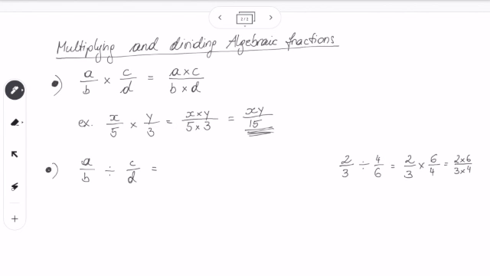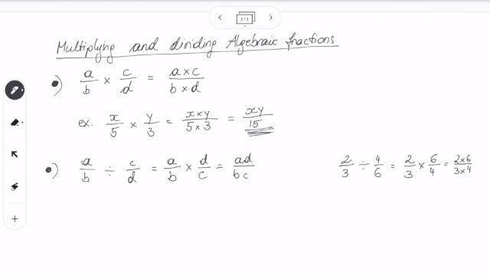So a over b divided by c over d is the same as a over b times the reciprocal, d over c. Reciprocal means that we're swapping the numerator for the denominator, which is ad over bc.